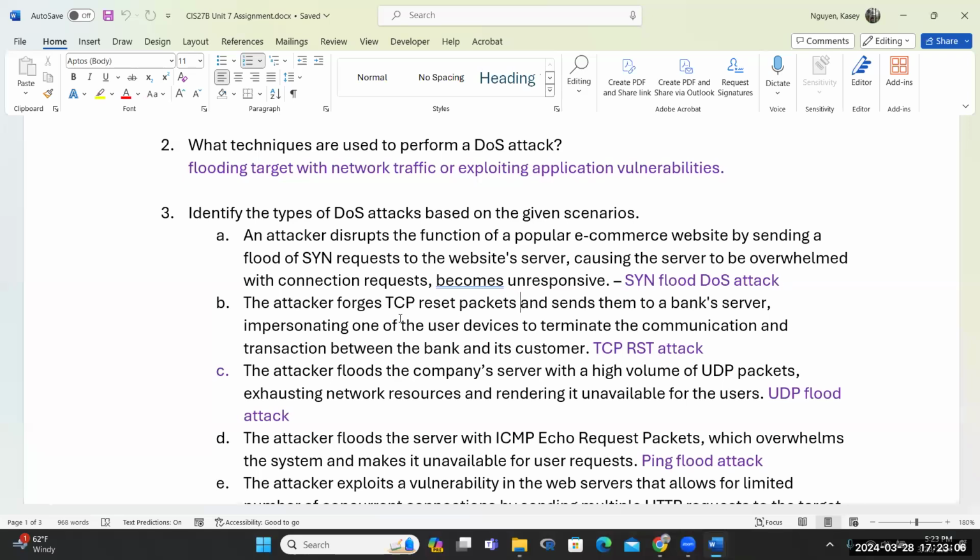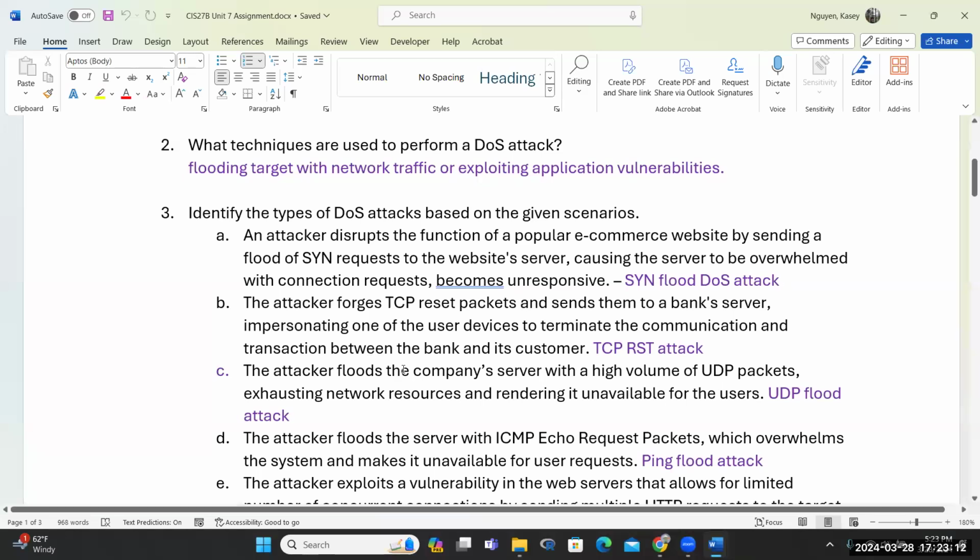So basically it is an impersonation attack with a flood. They would flood the user system so it can't communicate anymore. And then they would pretend to be the user by forging the packets, and they would do some ARP spoof with that. And this is called a reset attack or a TCP reset attack.